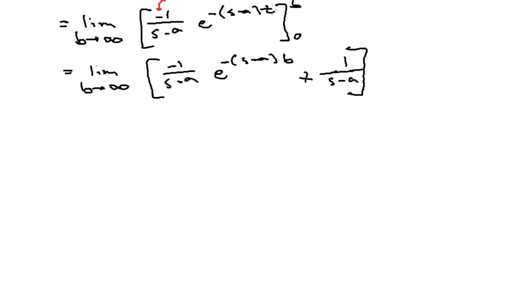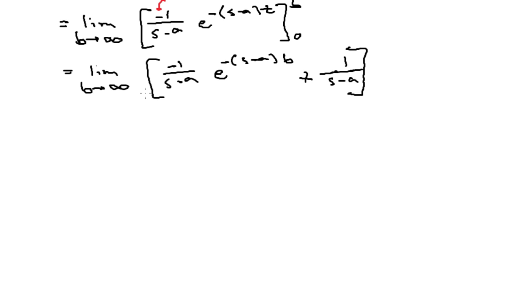Kasi yung t natin dito is magiging b, right? And b approaches positive infinity. So it will be so big, so big in a way na maliit siya. Sobrang liit niya. Habang lumalaki si b, mas malapit siya sa 0.